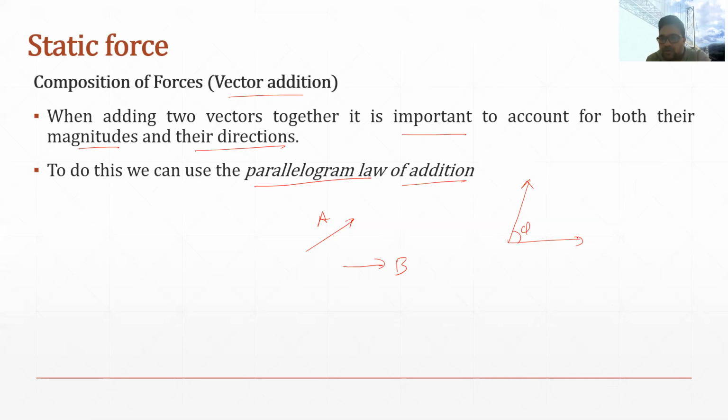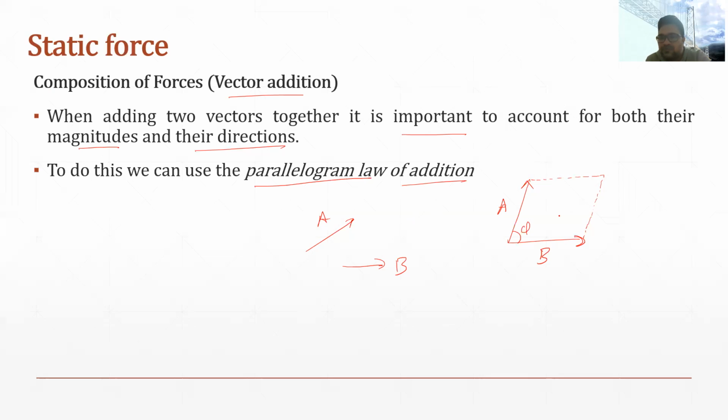Say this is B and this is A. On the head of B, if we draw a dotted line parallel to force A, and similarly from the head of A, if we draw a line parallel to B, then you can see a parallelogram forming.